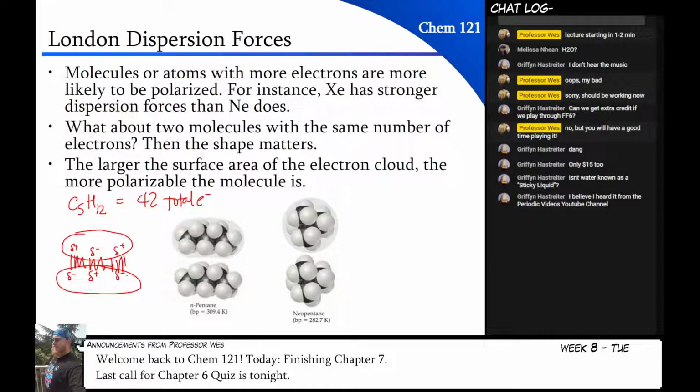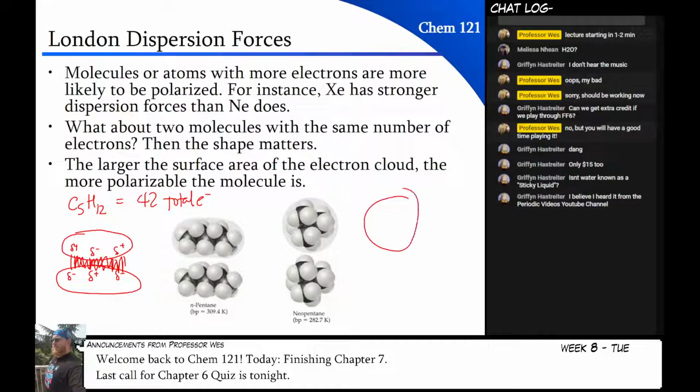As long as I have a local area that has more electrons than the other, that will induce a dipole on the other side that would have less electrons, for example, and there'd be an attraction. And so I could do all these attractions along this area where these molecules touch.